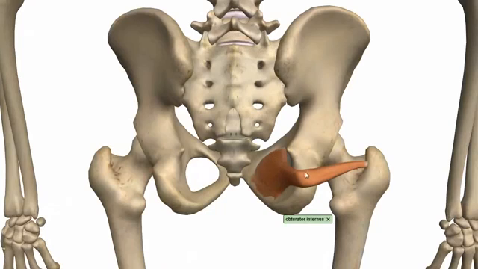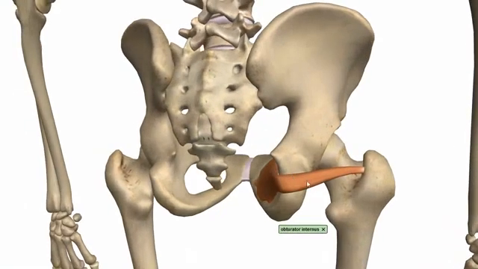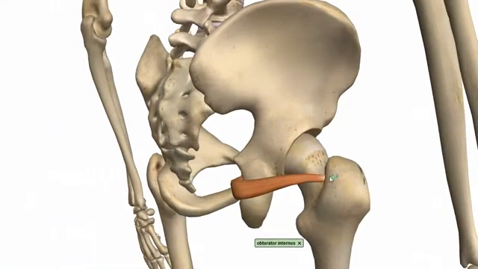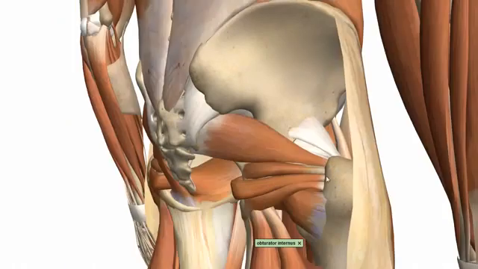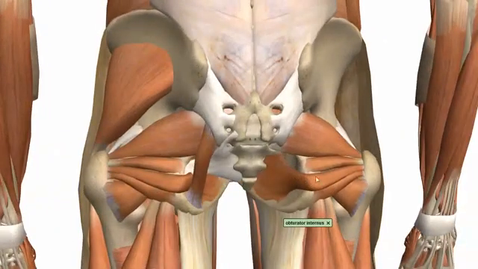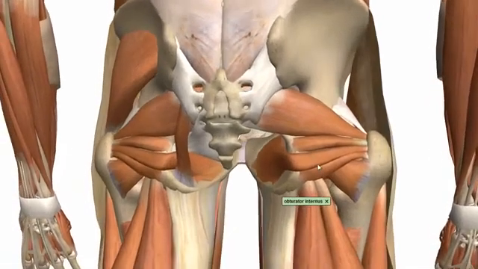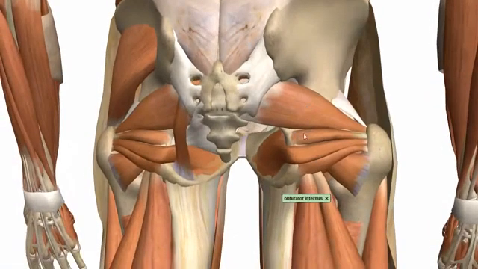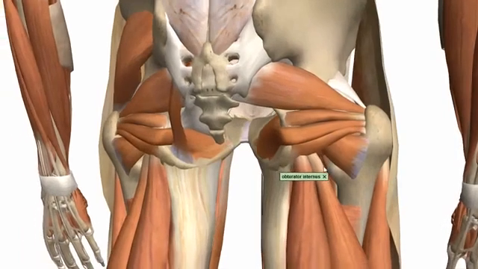So you can see it originating here, and it bends 90 degrees round and then comes to insert on the femur at the greater trochanter. So that's the obturator internus muscle. You can see that 90-degree bend and its origin on the obturator membrane on the medial surface. So you've got the piriformis, then you've got the superior gemellus, the obturator internus, and then the gemellus inferior underneath the obturator internus.